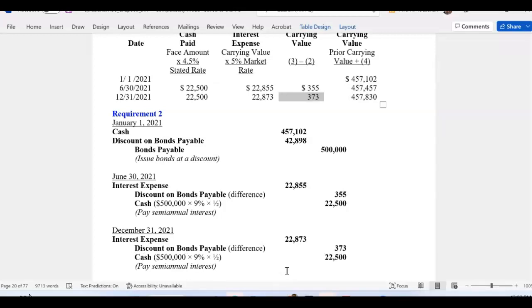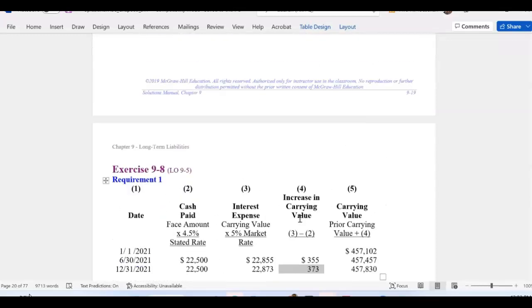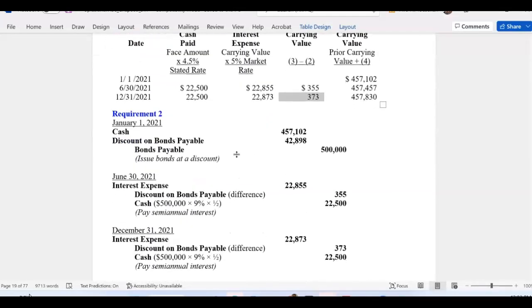So what is this discounts on bonds payable that you provide to your client at the beginning? As you see here, 42,000. What is this discount? This discount is a prepaid interest expense for the company and a prepaid interest income for investors. Because investors, instead of investing 500,000, they invest only 457.